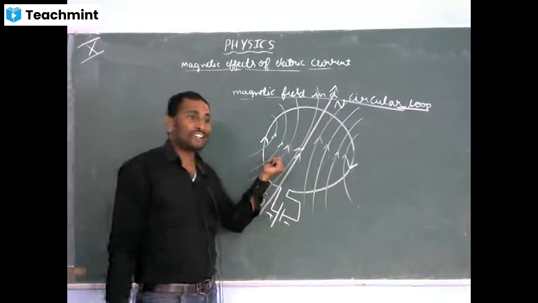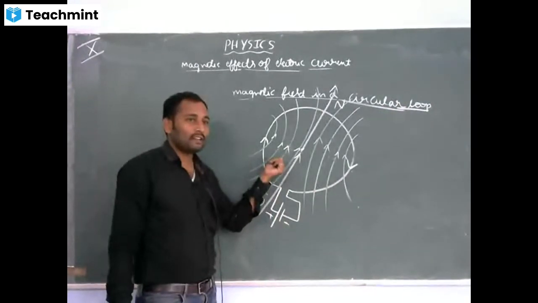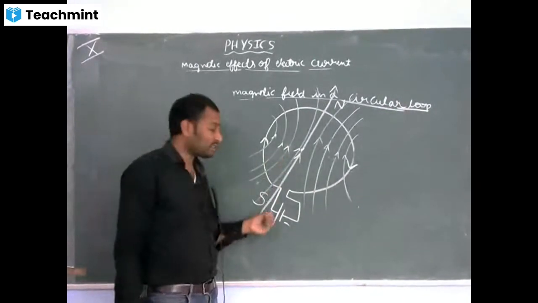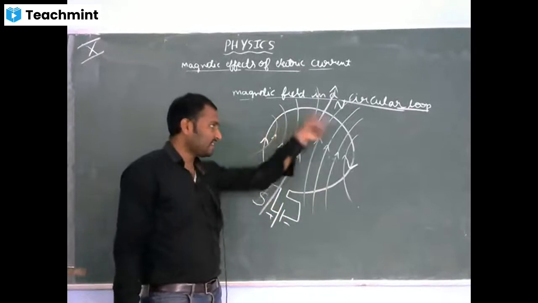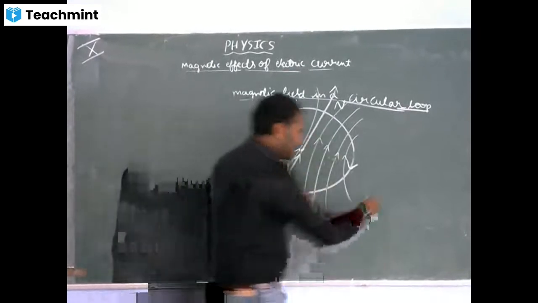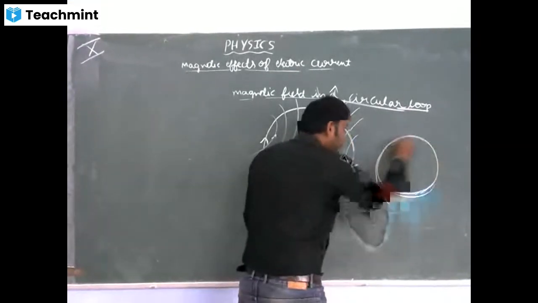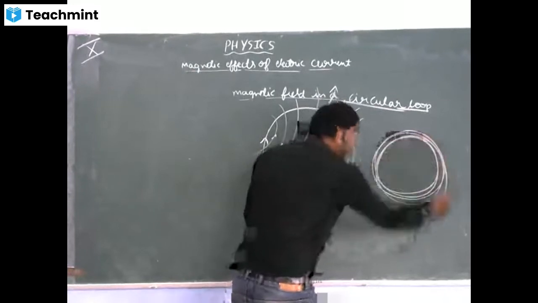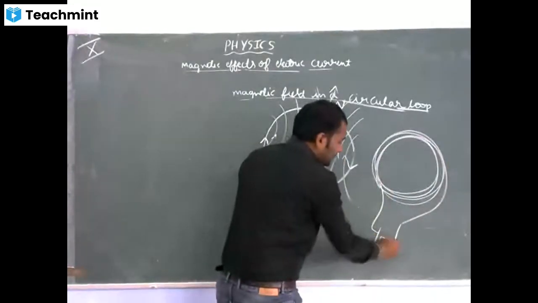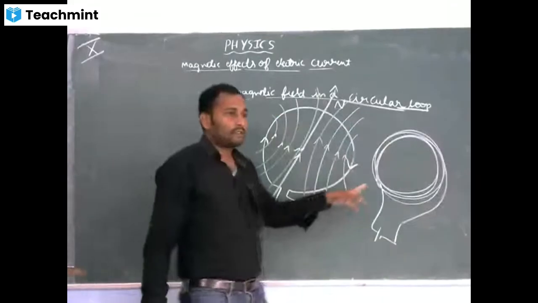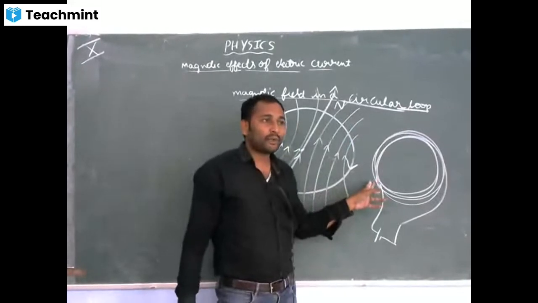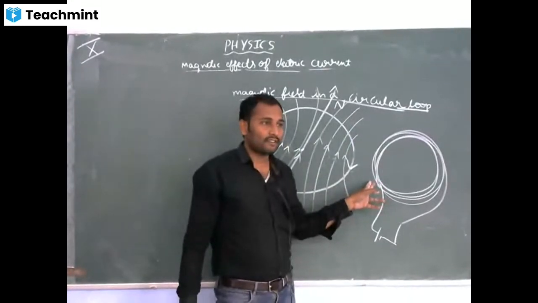magnetic field strength increases. And now what I will do is, instead of taking a single circular loop, I will take a number of turns. This is positive, this is negative. So what will happen? The magnitude of the field will increase.